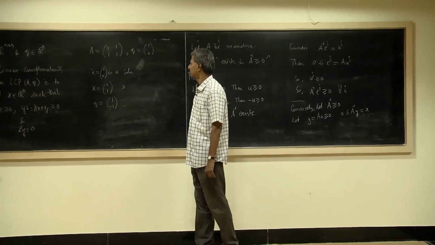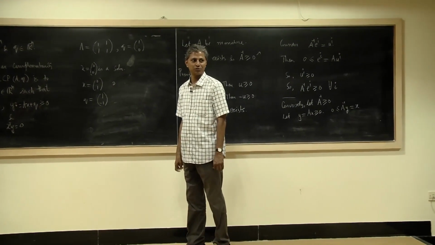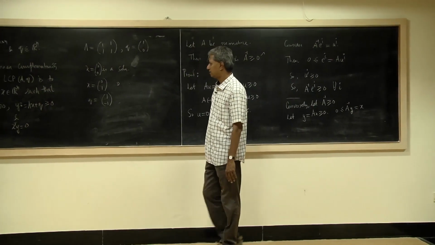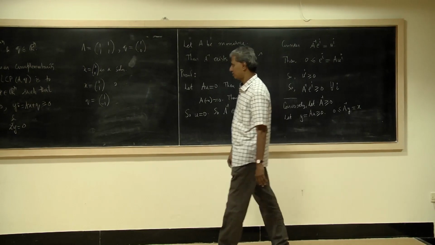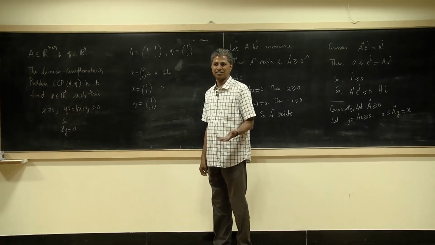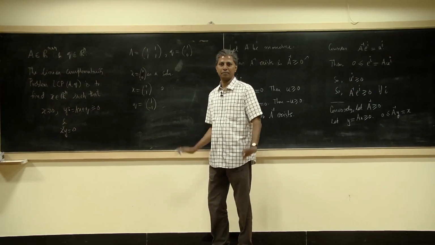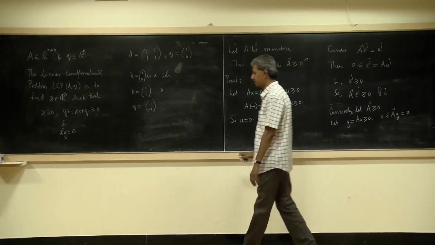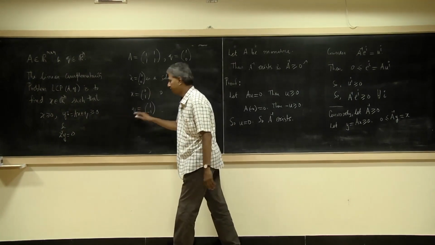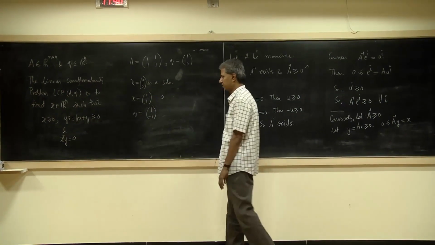See, AX plus Q needs to be non-negative, so (1, 1) doesn't look like a solution. See, it's not a guessing game. It's a difficult problem to determine if this problem has a solution given a particular Q for a given matrix A.